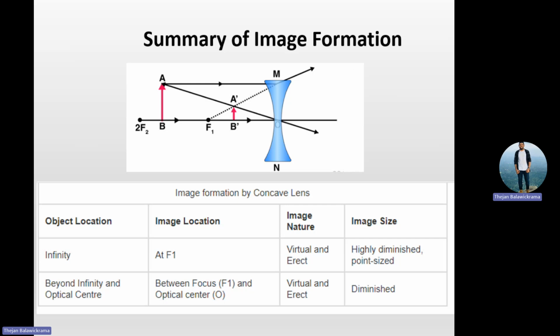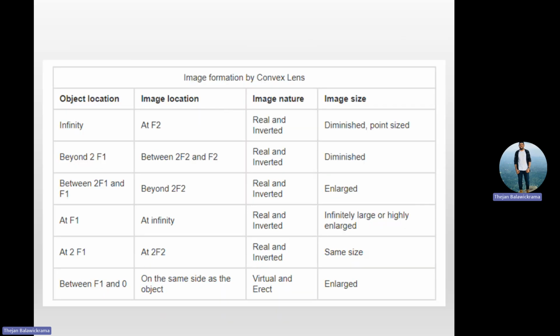Yes, summary of image formation from concave and convex lenses. Now, for example, formation at infinity, beyond infinity and optical center is like this. I hope you get this difference because we drew it in the class. If you look at the convex lens, normally if you can remember this table, I can ask it in your exam.